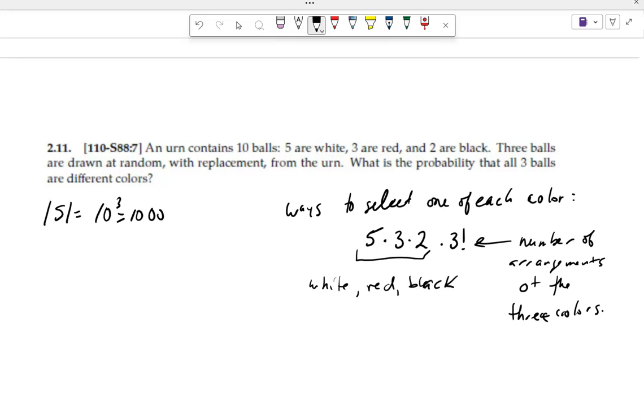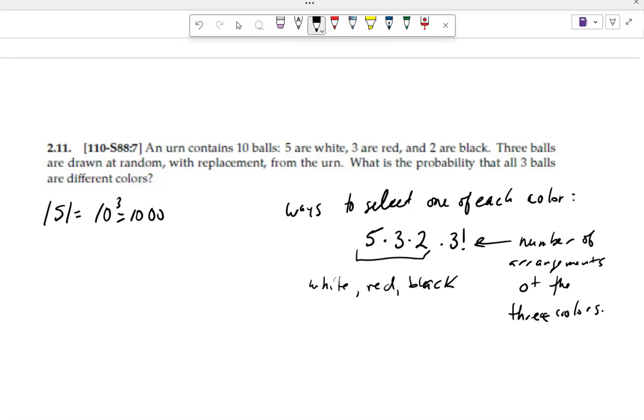Remember, the multiplication principle says task 1 followed by task 2 followed by task 3. There's an inherent order there, correct? So when we did 5 times 3 times 2, that's white followed by red followed by black, but we also want to count red followed by white followed by black, and so on, the other 4 possibilities.